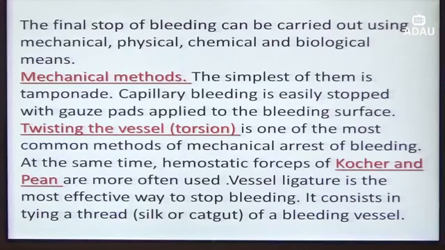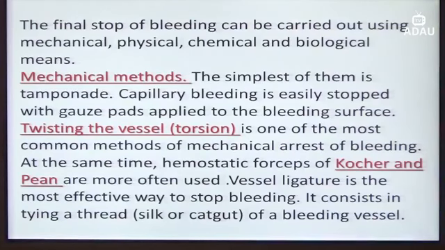Twisting the vessel, the torsion method, is a very easy, simple way, and there are Pean and Kocher clamps, which we use most commonly. And this is vessel ligature.